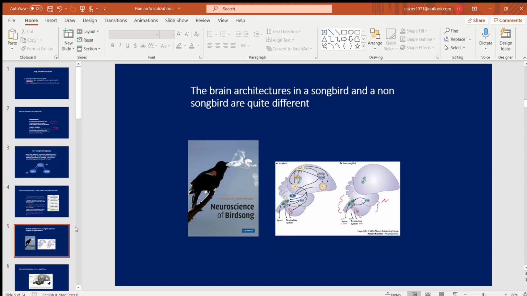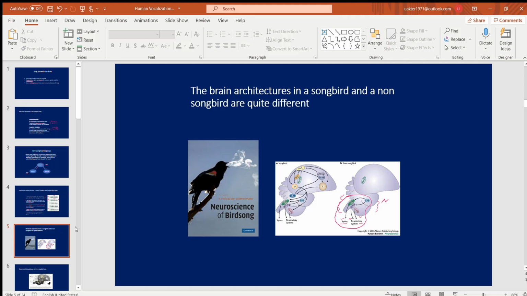The syrinx is very interestingly designed, so it can keep one side on and the other side off, and quickly switch, and that way they can produce many more notes than humans in a short period of time, because they can close and open the syrinx alternately. So in a non-songbird's brain, it is motor output from the vocal center, and motor outputs control the respiratory muscles and the syrinx.